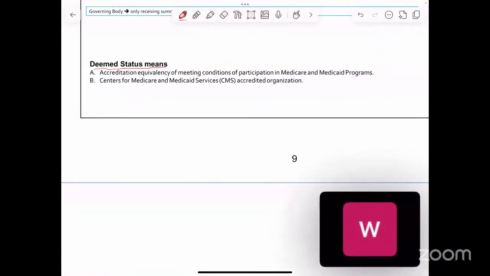Okay. The correct answer here is accreditation equivalency of meeting conditions of participation, Medicare and Medicaid programs. Deemed status means that the healthcare organization has been accredited by an approved accrediting body like the JCI, so it is recognized as meeting the conditions of participation, or the COPs, set by the Medicare and Medicaid programs, eliminating the need for direct evaluation by the CMS, as the accreditation is considered equivalent.